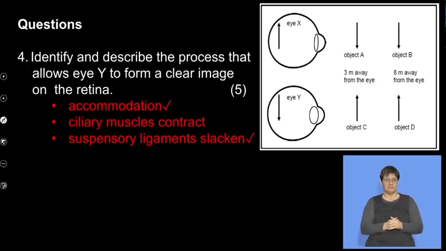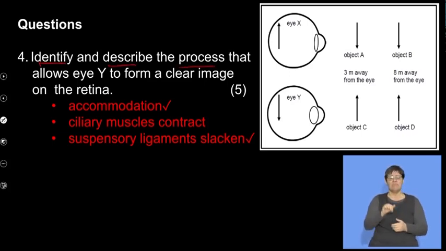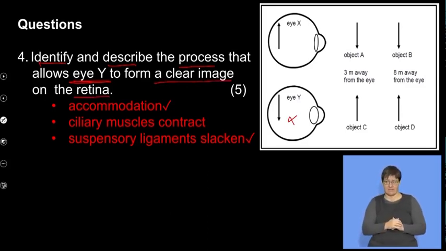The next question says, identify and describe the process that allows eye Y, this eye, to form a clear image on the retina. So we're looking at the process as accommodation, and what is happening there?